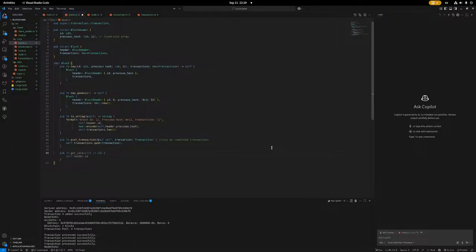When enough gas is collected, when the size of the importance of all transactions is big enough, then the block is completed.